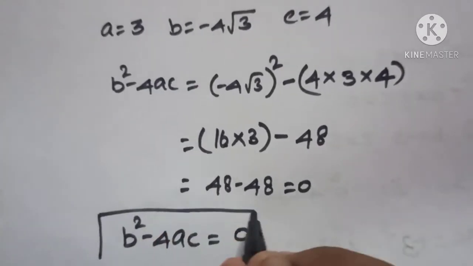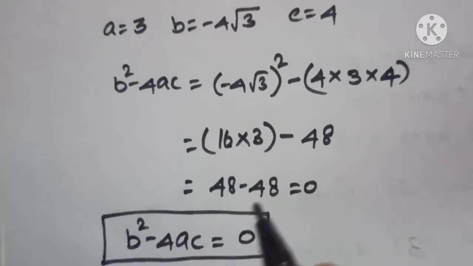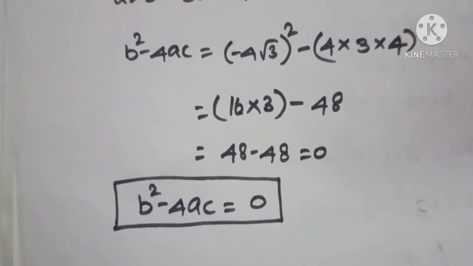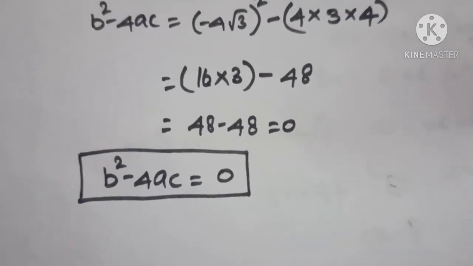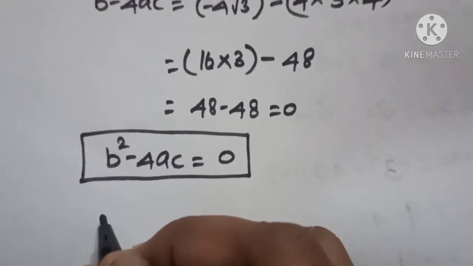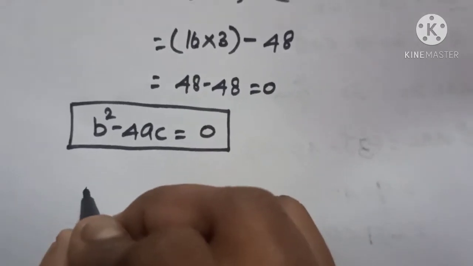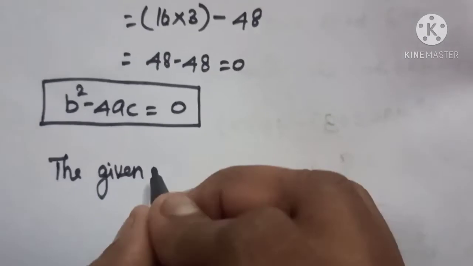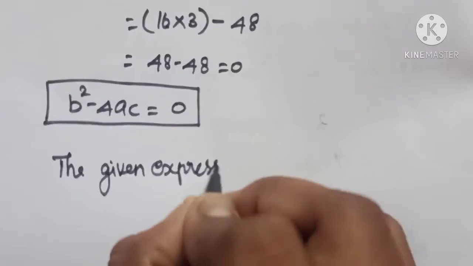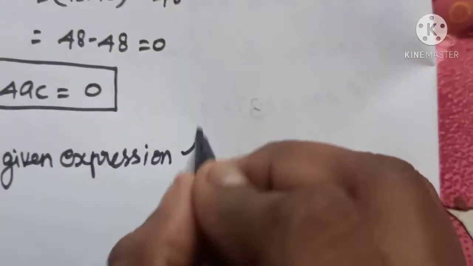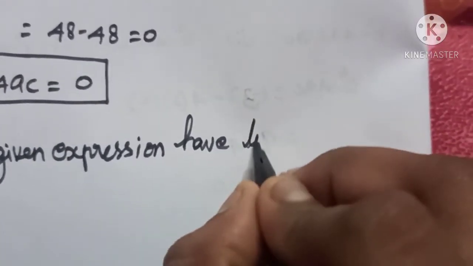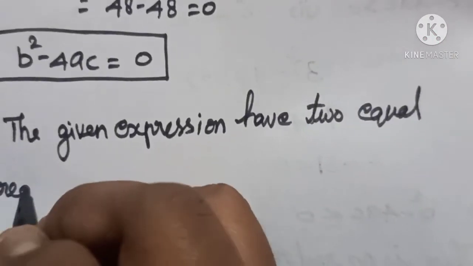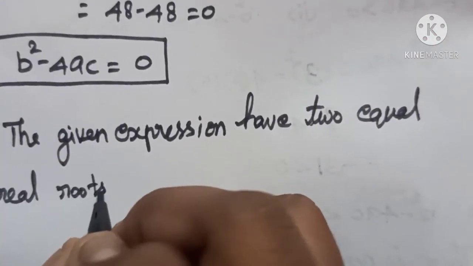So now you can recall the discriminant. I already told you, greater than 0 means two distinct real roots, equal to 0 means two equal roots. So the given expression has two equal real roots.